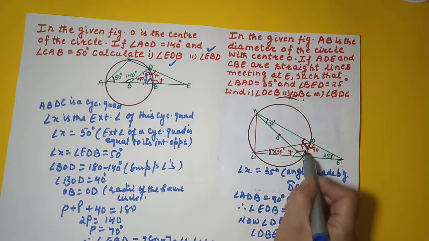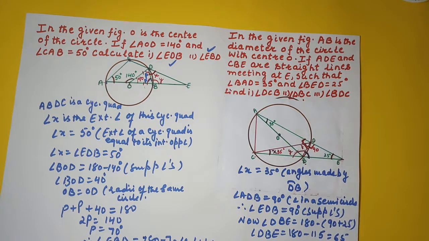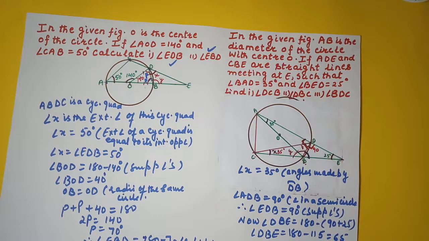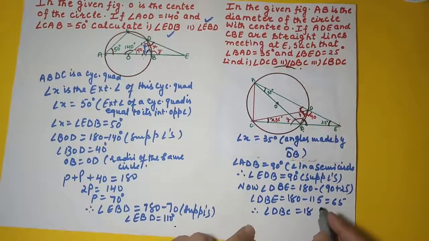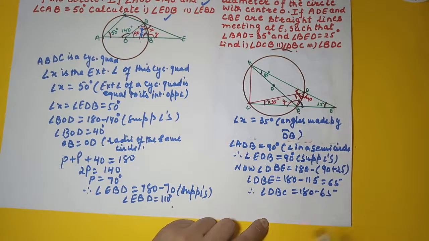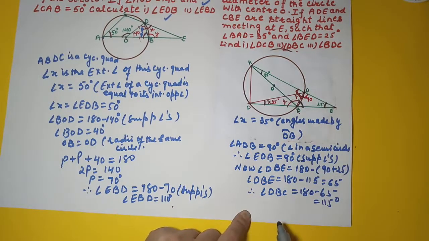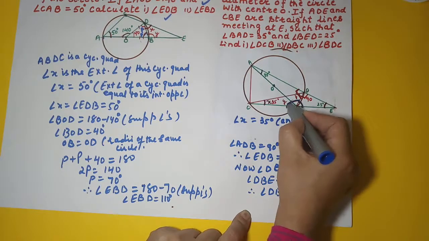So you can calculate angle DBC now, right? Therefore, angle DBC is equal to 180 minus 65, and that is 115. You calculated angle DBC as 115. That is this angle.